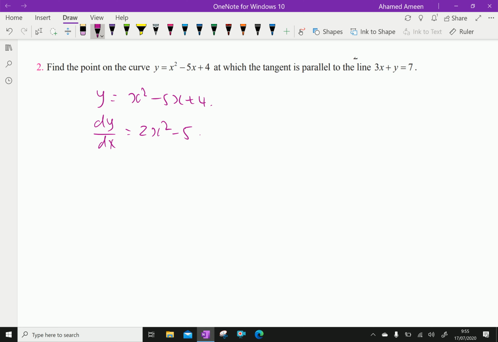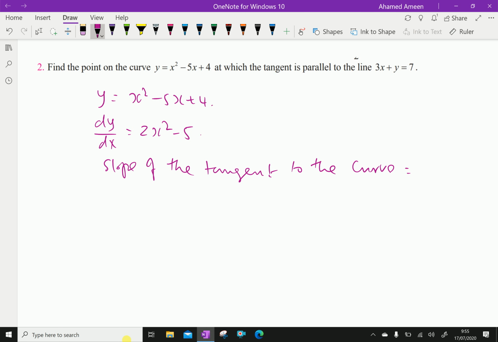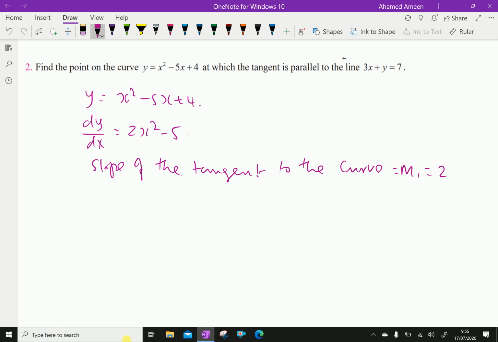Therefore the slope of the tangent to the curve, let it be m1 equal to 2x minus 5.